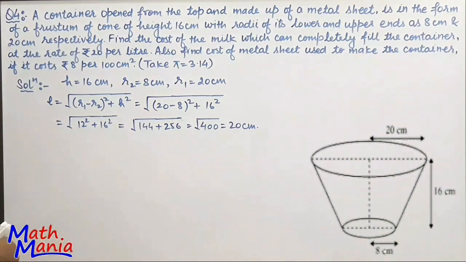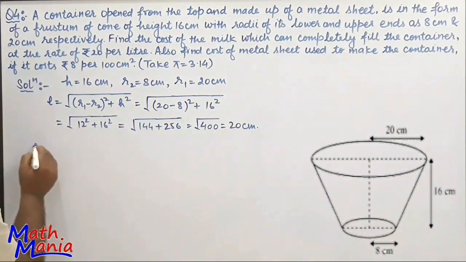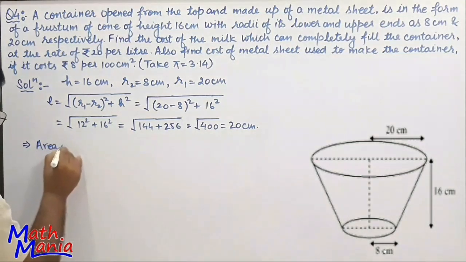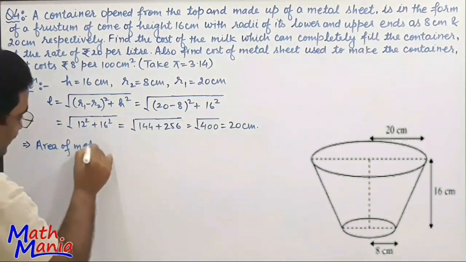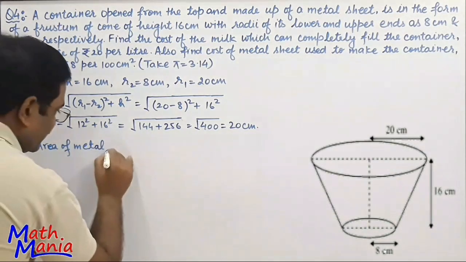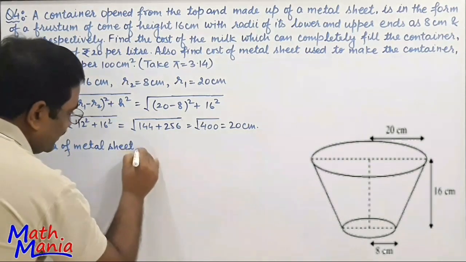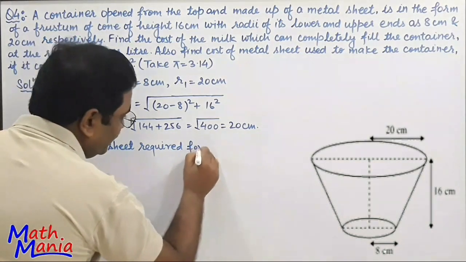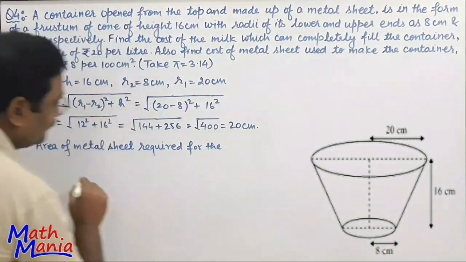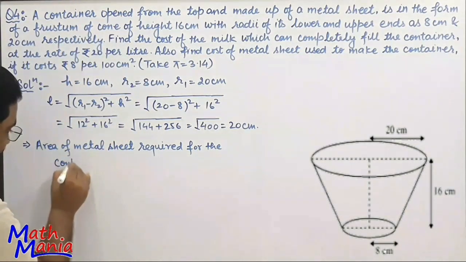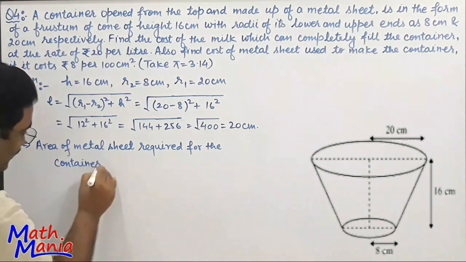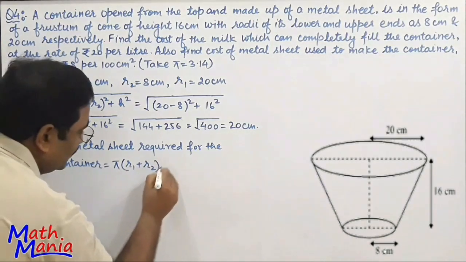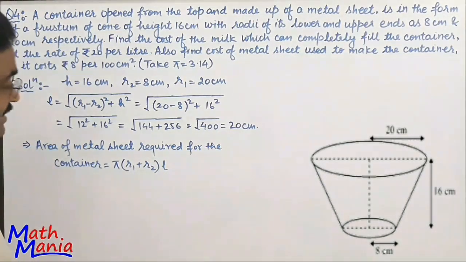So the area of metal sheet required for the container is equal to pi into (R1 plus R2) into L, which is slant height.